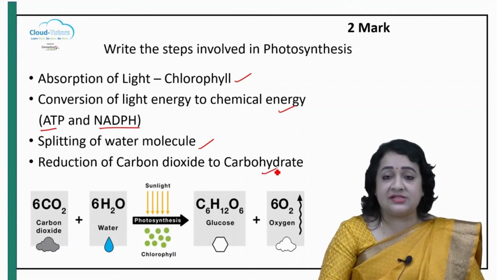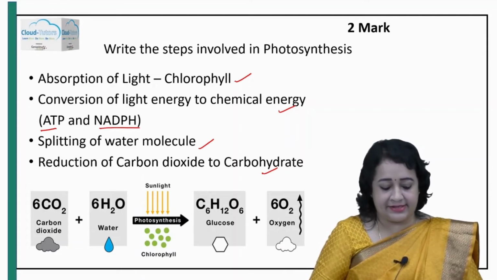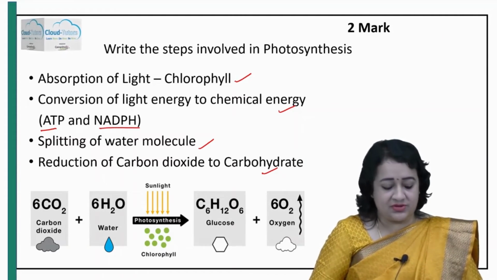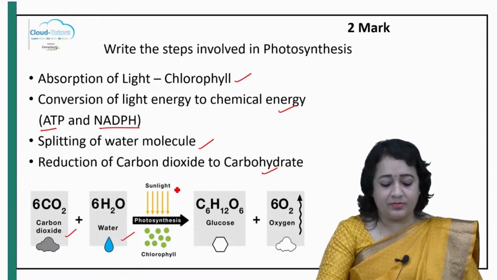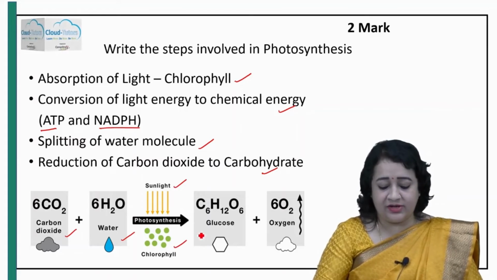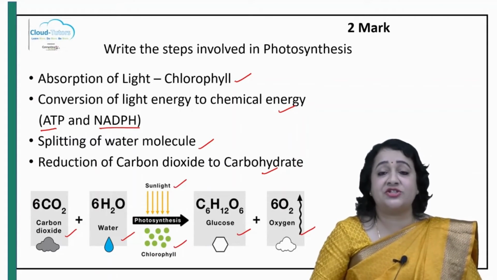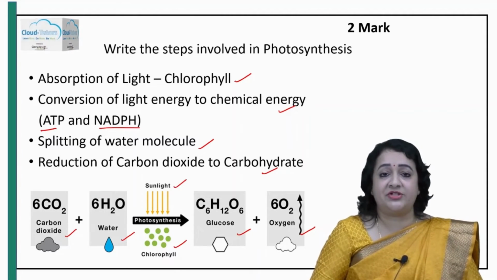The fourth step is reduction of carbon dioxide into carbohydrate, and this is the overall reaction that you have to write for photosynthesis. Carbon dioxide from atmosphere, water in presence of sunlight and chlorophyll produces glucose and oxygen. So the whole reaction has to be written for 2 marks. So these steps you have to mention.